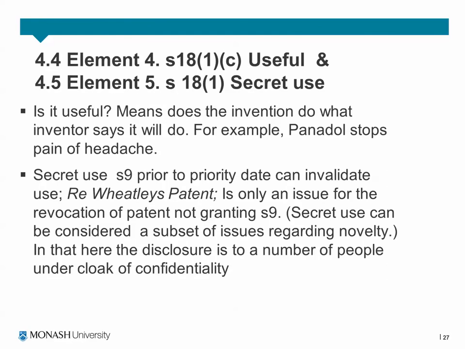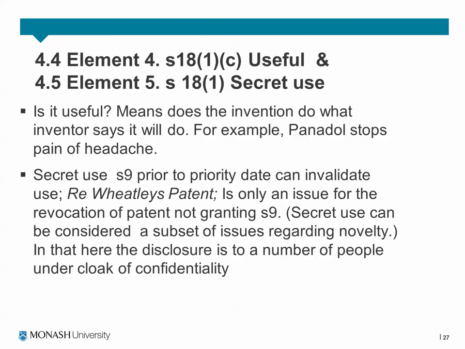Now, the final 2 elements are quickly dealt with in one slide. Useful. As I said, it means the invention must do what the inventor says it will do. For example, Panadol stops a headache. If it doesn't do that, then it's not useful.